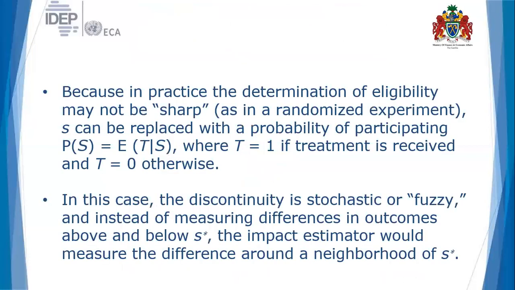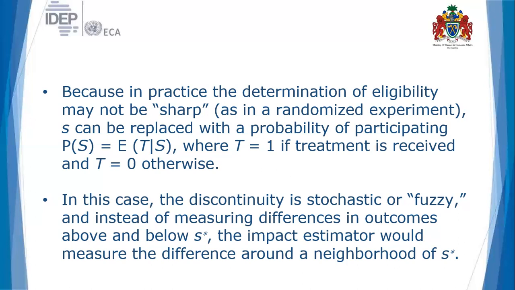Because in practice, the determination of eligibility may not be sharp or very clear as in a randomized experiment, S can be replaced with the probability of participating, which is equal to the expected probability of participation T given the S variable, where T is equal to 1 if treatment is received and T is equal to 0 if treatment is not received.